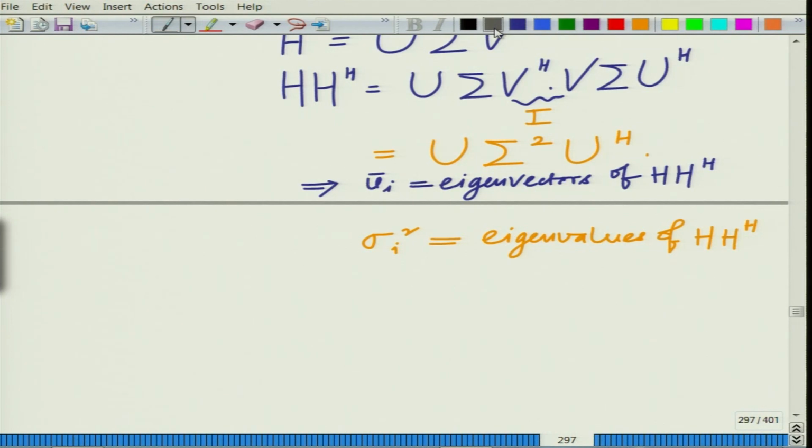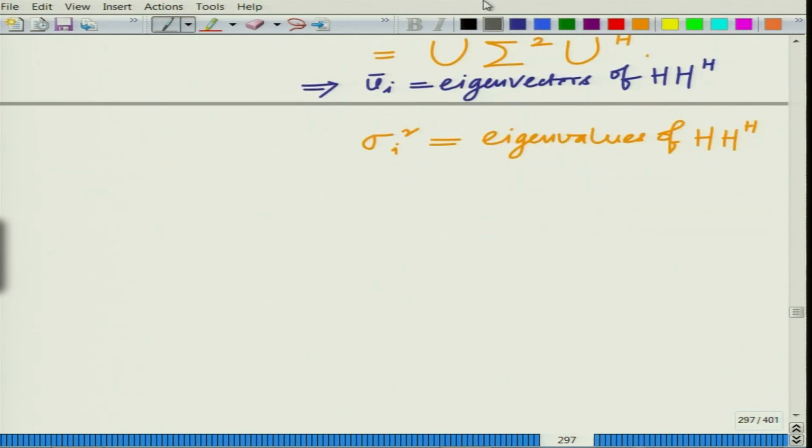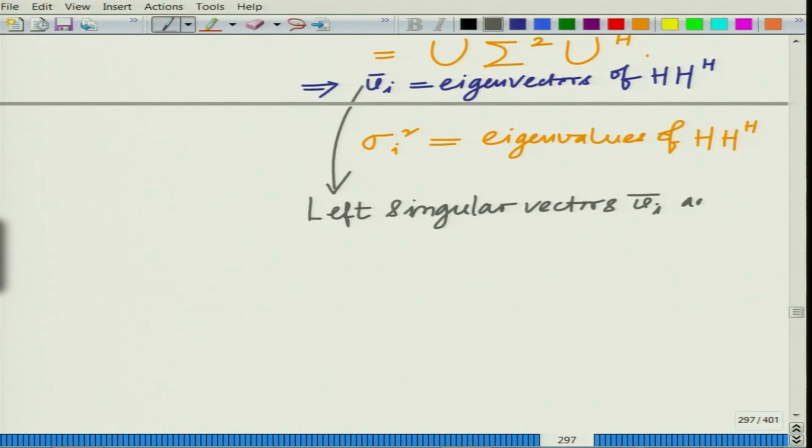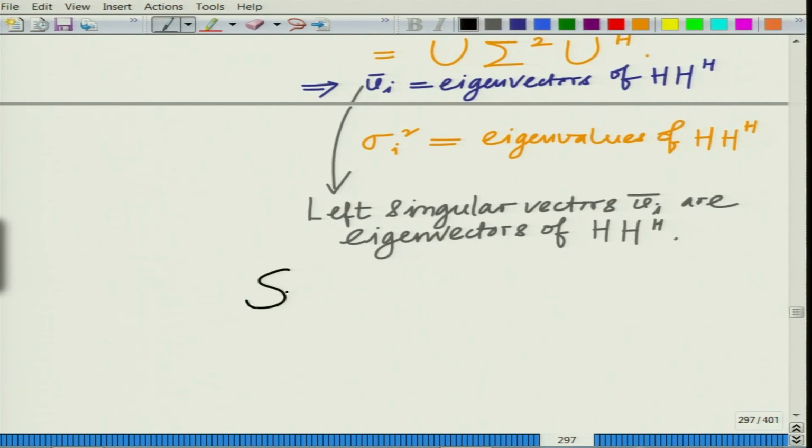So, what this shows is the left singular vectors ui bar are eigenvectors of H H Hermitian.